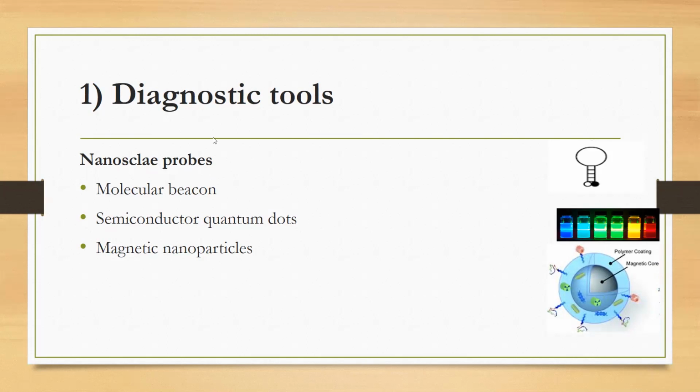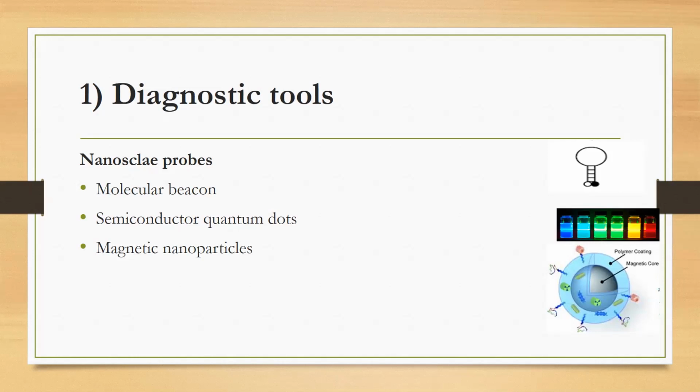So in these nanoscale probes, first is the molecular beacon. Molecular beacon is a probe material that is at nanometer scale, and its size is 3 to 5 nanometer, right? Its size is 3 to 5 nanometer.